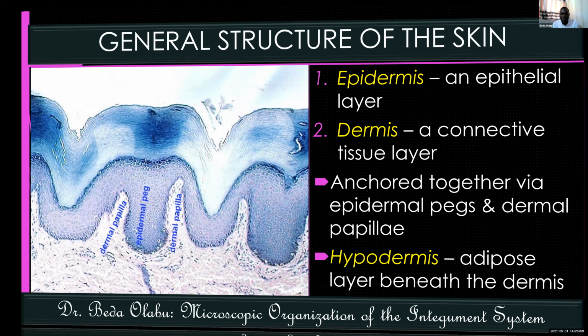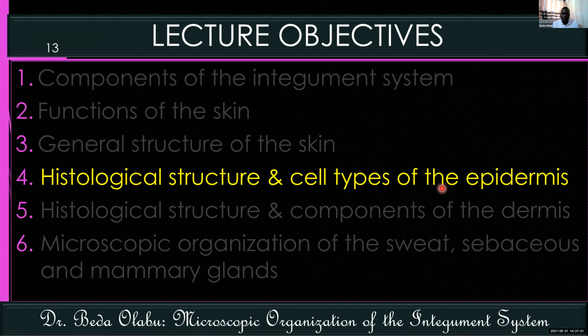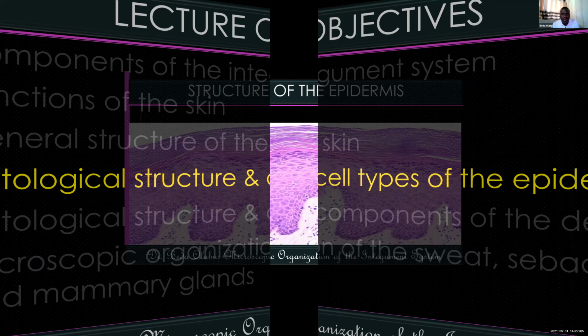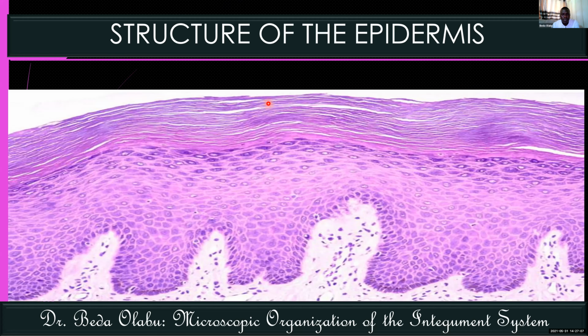Now let's talk about the epidermis itself. Structurally, this is how the epidermis would look. We have already indicated that it is a layer of epithelium. In our earlier discussion of epithelial tissues, I told you that when you want to classify epithelium, you look at three things.